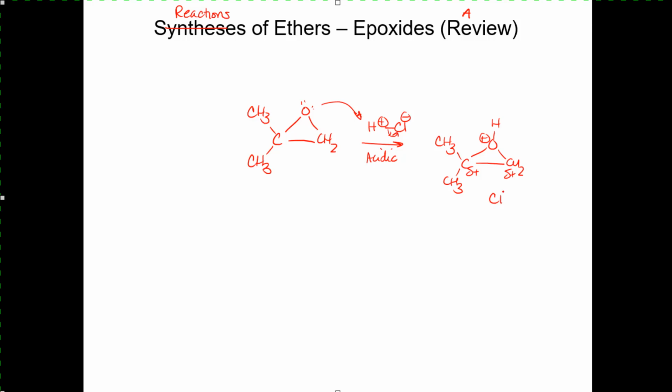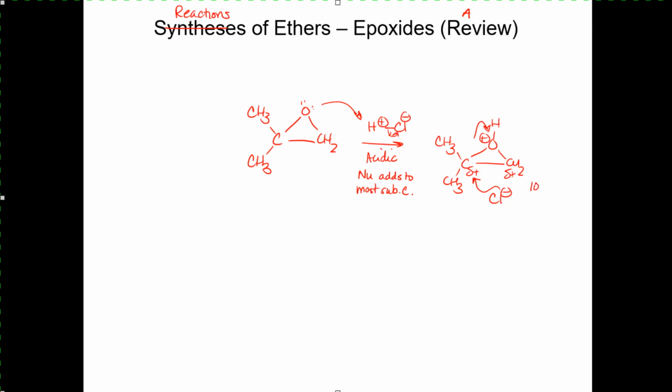Now my Cl- is going to add to which carbon? Because I did this with acidic, the nucleophile adds to the most substituted carbon of the epoxide. And so the chloride's going to add here, and then the OH will swing over.